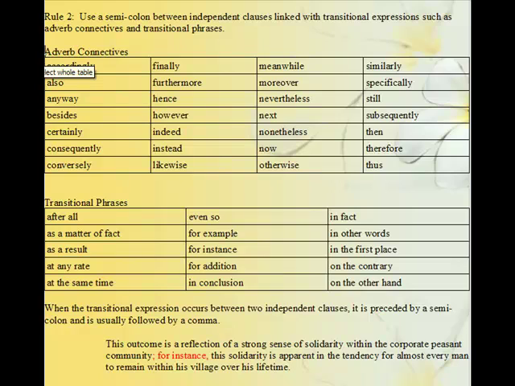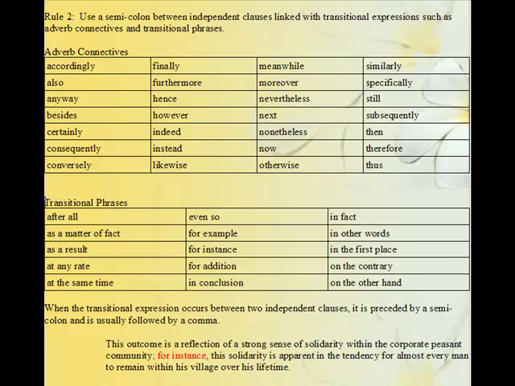Adverb connectives: accordingly, also, anyway, besides, certainly, consequently, conversely, finally, furthermore, hence, however, indeed, instead, likewise, meanwhile, moreover, nevertheless, next, nonetheless, now, otherwise, similarly, specifically, still, subsequently, then, therefore, and thus.